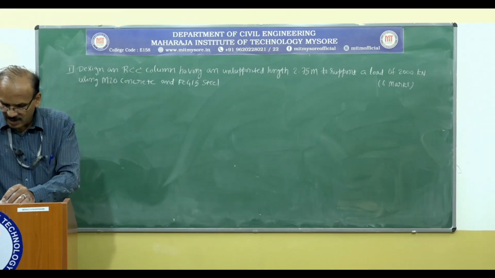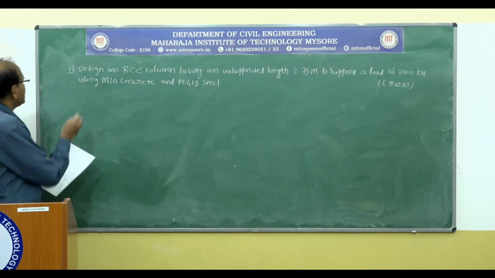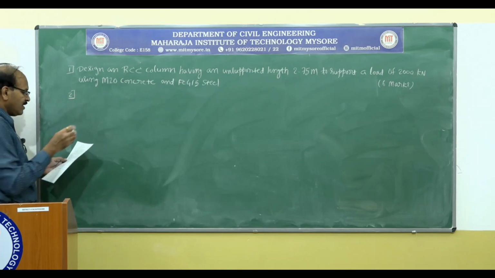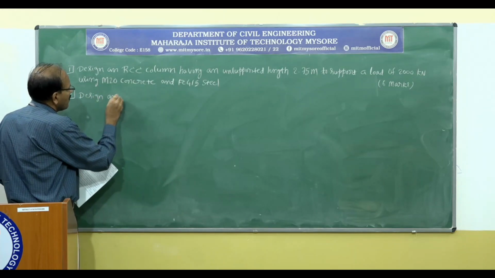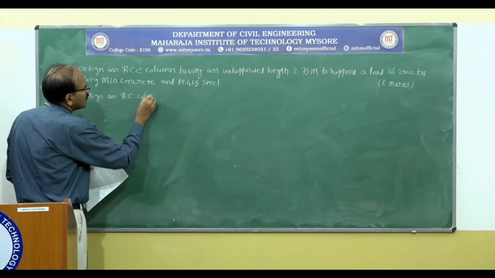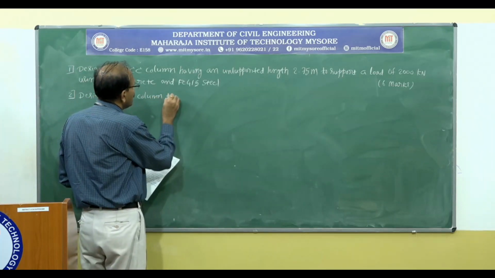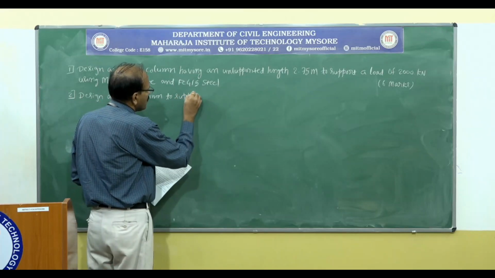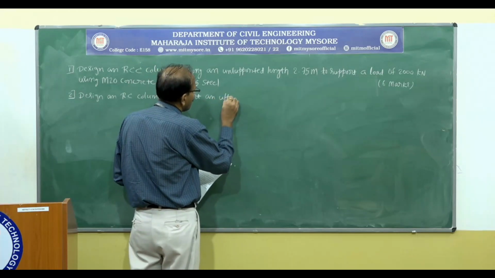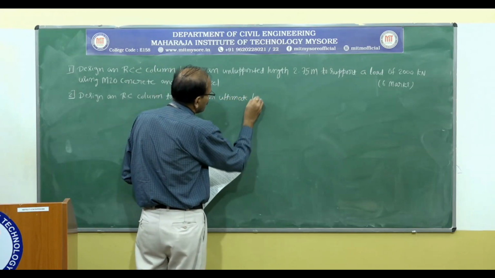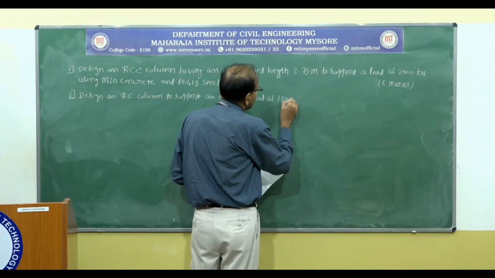And again, this is from one of the examinations. Design an RC column to support an ultimate load of 1800 kilonewton.